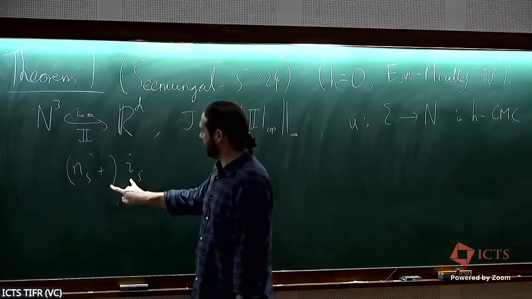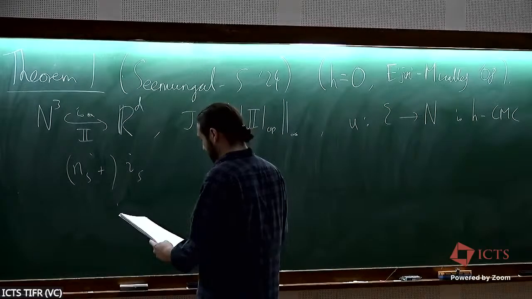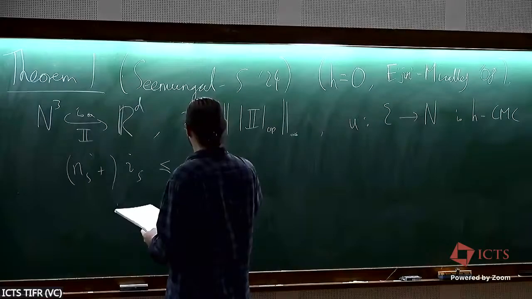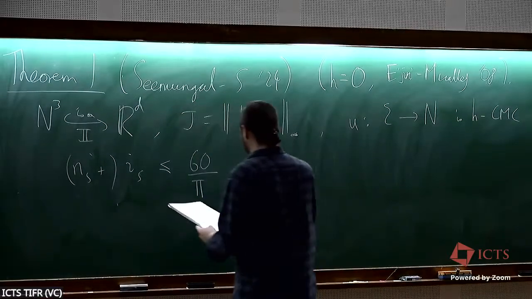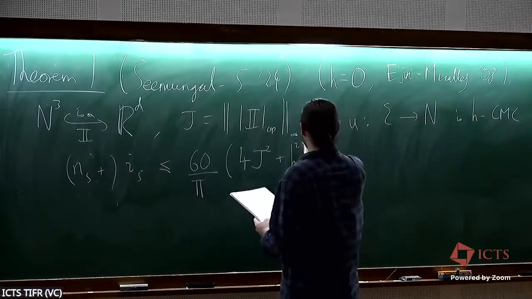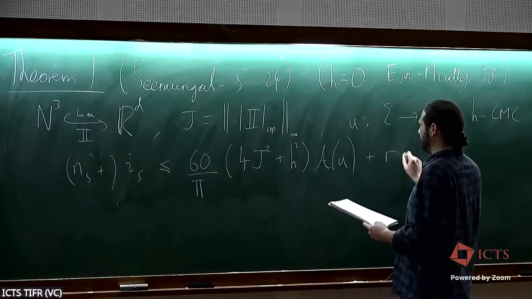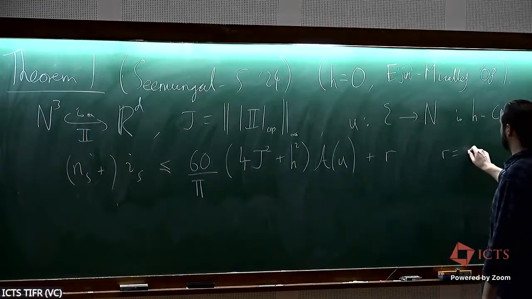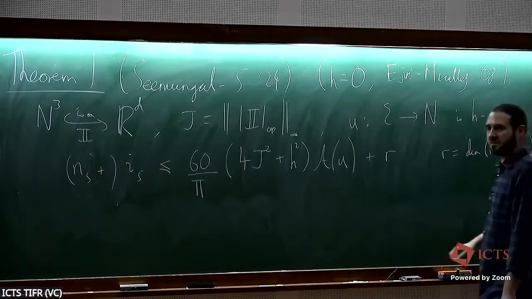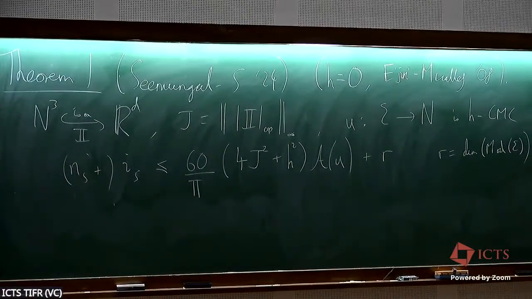So if I count not just the negative eigenvalues, but I count all eigenvalues less than or equal to 0, in the strong sense, then this is bounded by 60 divided by pi times 4J squared plus H squared times the area plus r, where r is the dimension of the moduli space of Sigma.